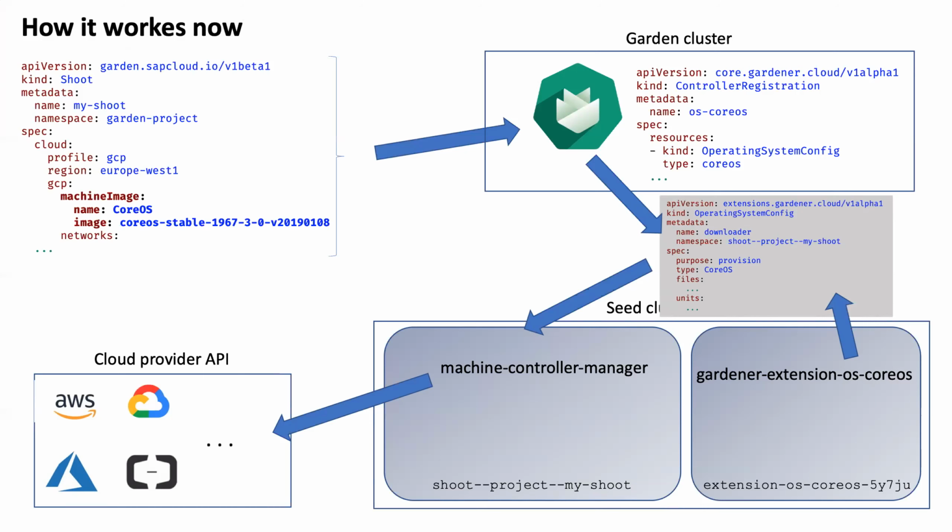It first gets the information from the CoreOS controller, and then at some later point in time when the cluster is ready to get the machines, it passes this information to the components that need it, in this case the machine controller manager. So the extension controller itself is very small, and it doesn't know anything about shoots, right? It only knows about this CRD and the domain-specific knowledge, in this case, how CoreOS needs to be bootstrapped.